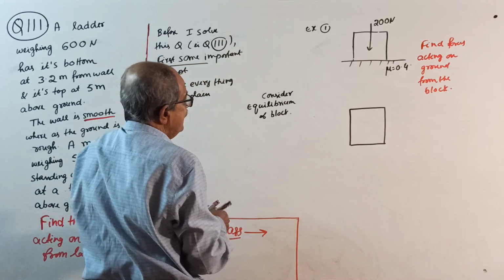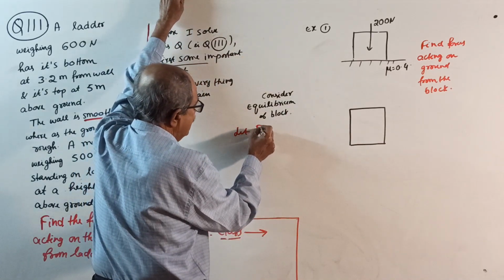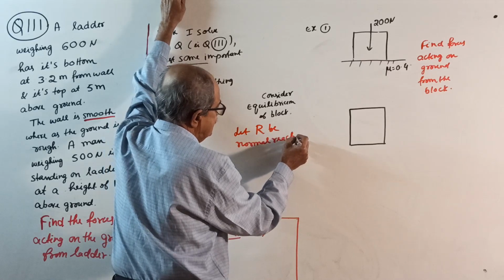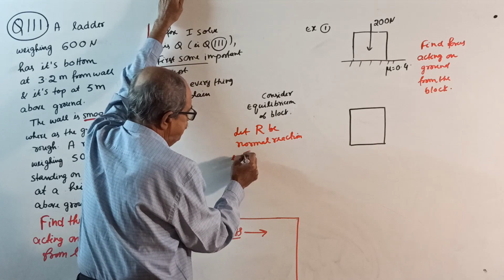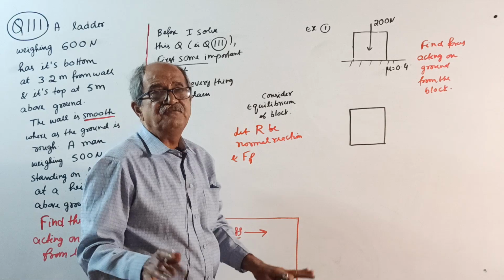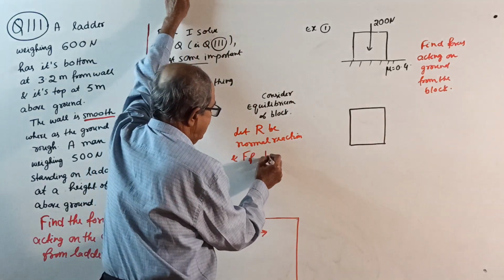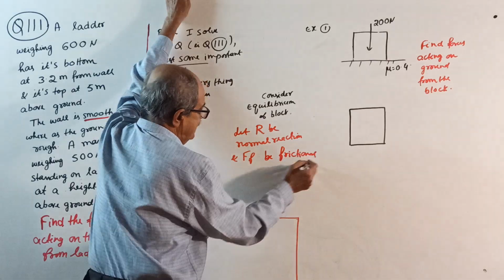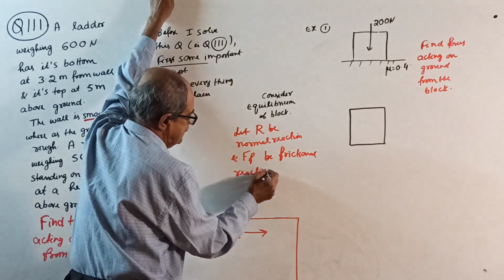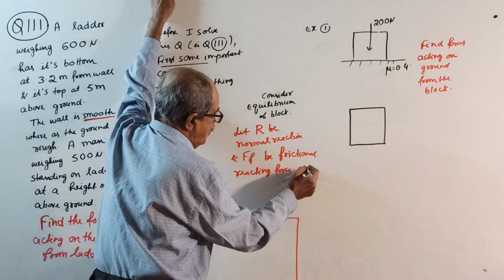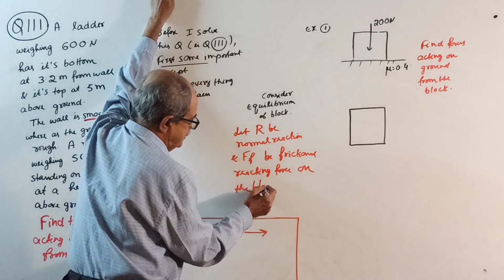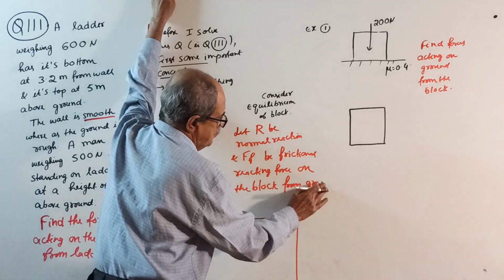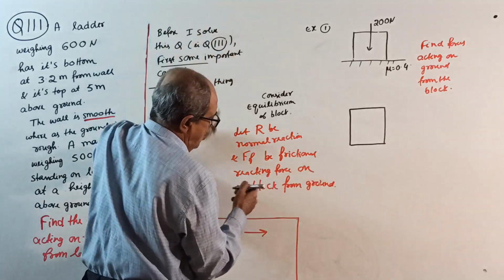Then what you do? Let R be the normal reaction, very important, and F, in red color I put, I am not writing F limit, be very careful, F be the frictional reacting force on the block from the ground.